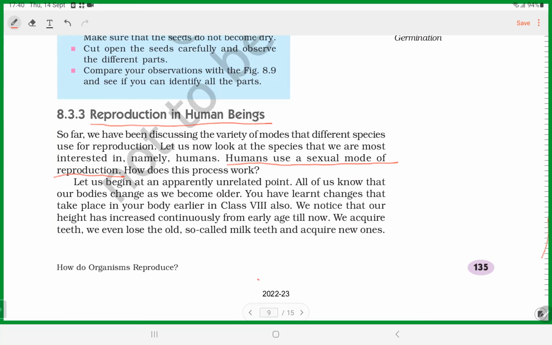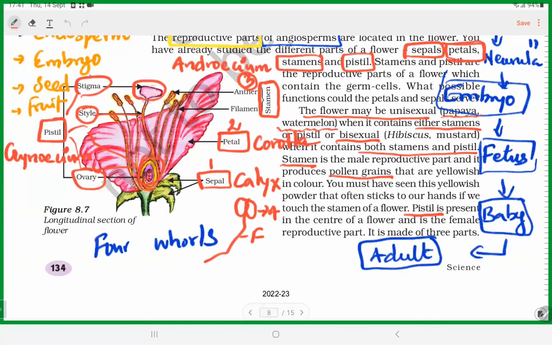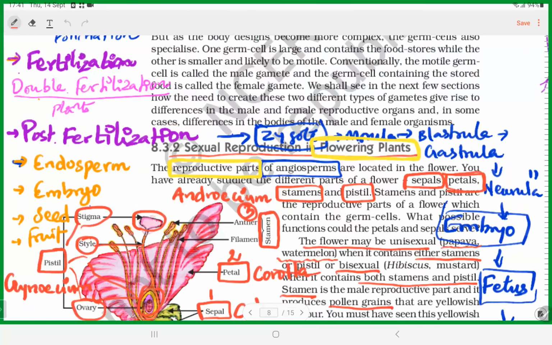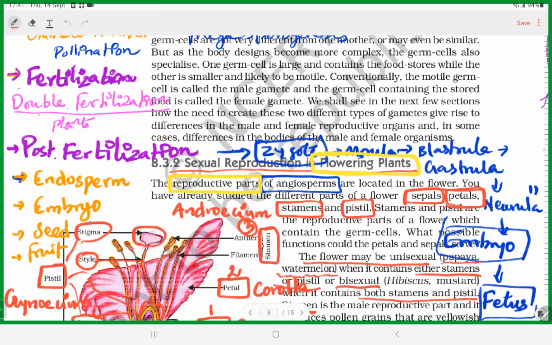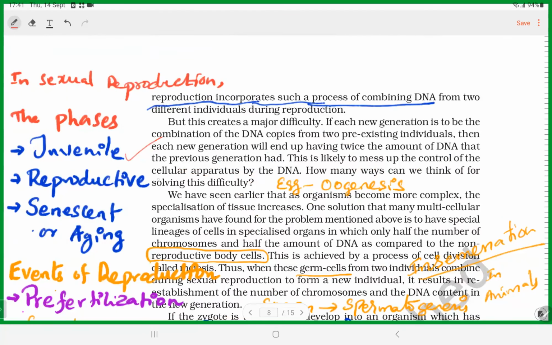What are the three phases? Juvenile phase, reproductive phase, and senescent or aging phase.